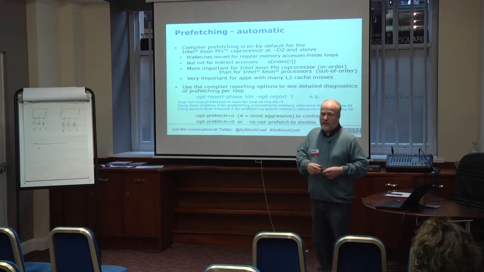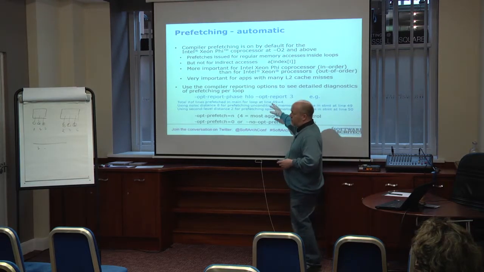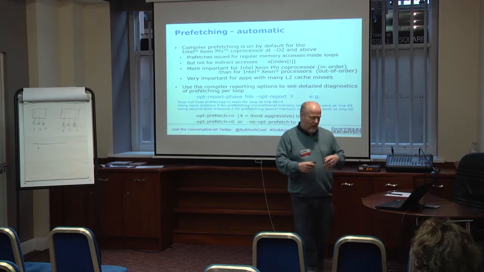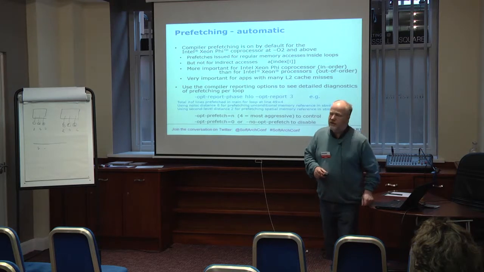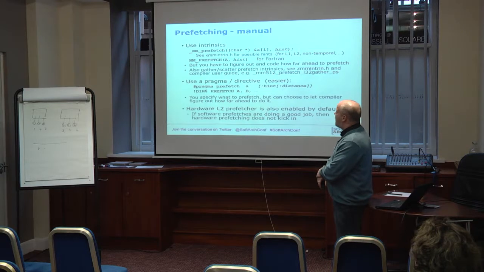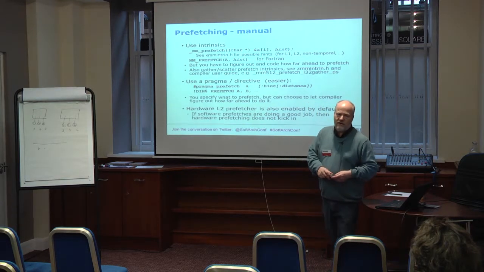The compiler will insert prefetching instructions. You can insert more of them yourself, and if you're using the Intel compiler, you can get a report about how much prefetching has been put in. Here's an example of doing it manually. You can use intrinsics or pragmas to force prefetching of data.